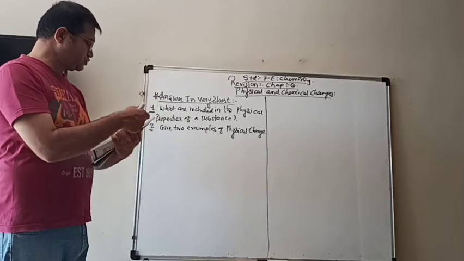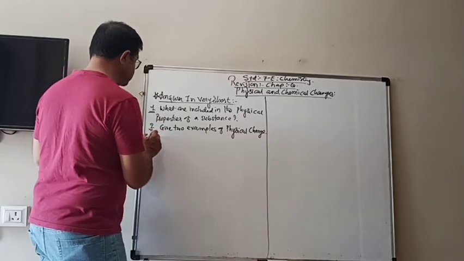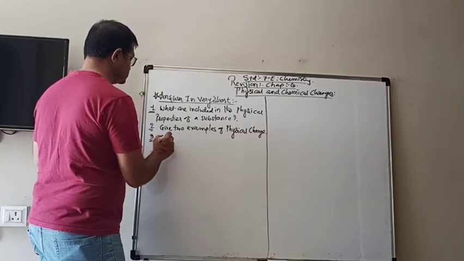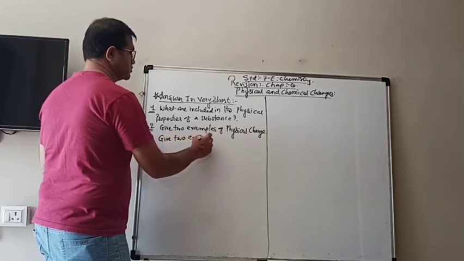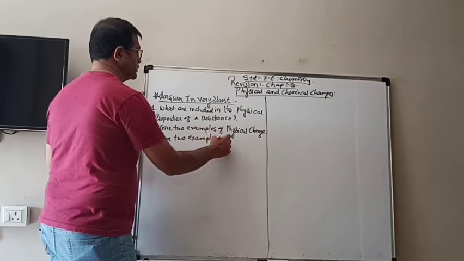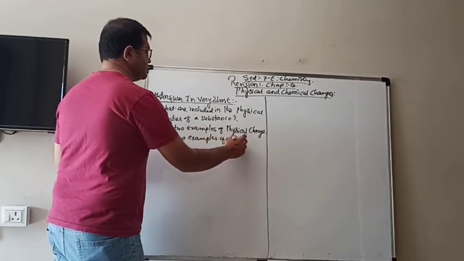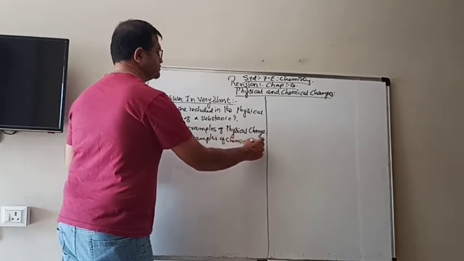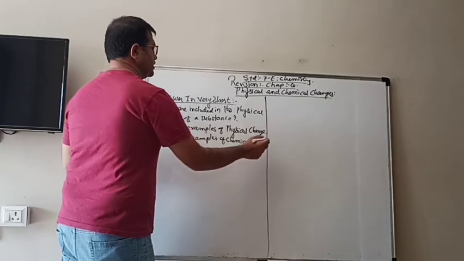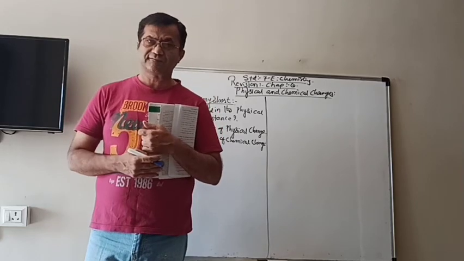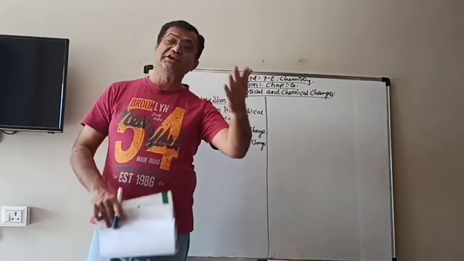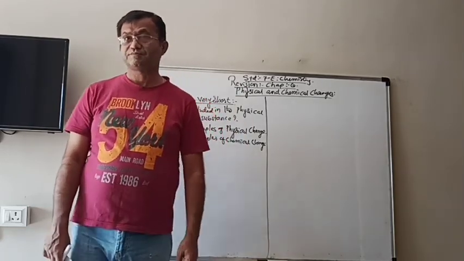Next question is, give two examples of chemical change. Now you know in most chemical changes the original substances lose their properties and make a new substance.